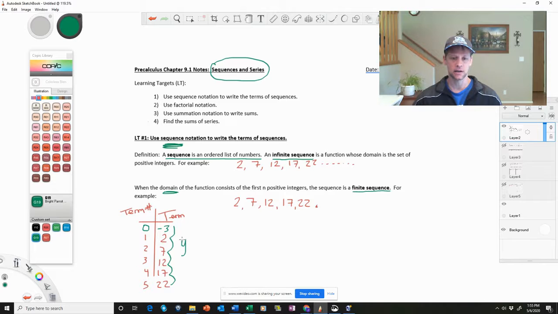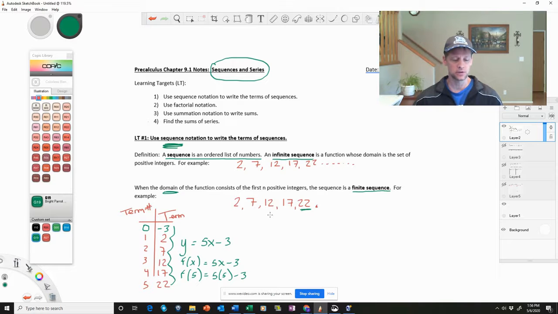And the equation would have been y equals 5x minus 3, or f of x equals 5x minus 3. So if I wanted to find the fifth term of the sequence, I could plug in 5 here, and I get 5 times 5 minus 3, which is 22, of course. So we can use function notation to actually describe a sequence.